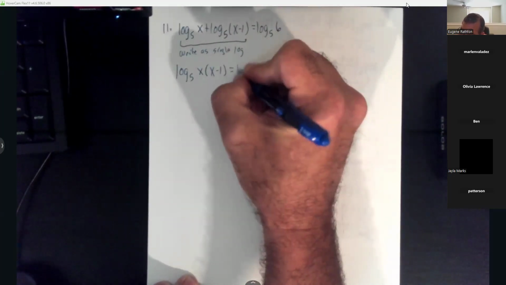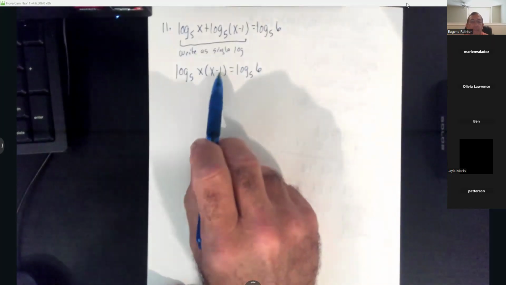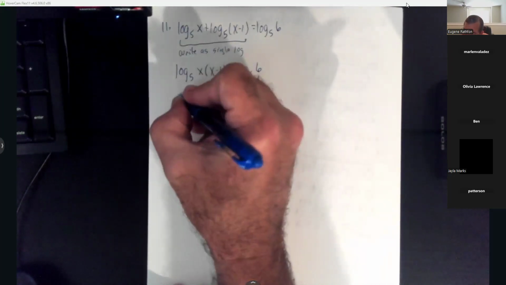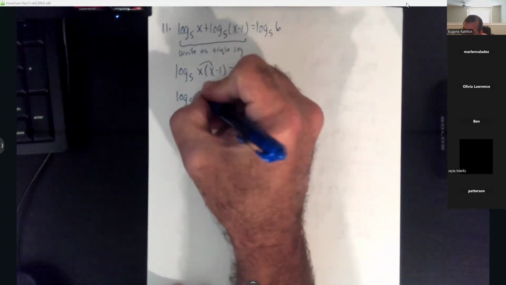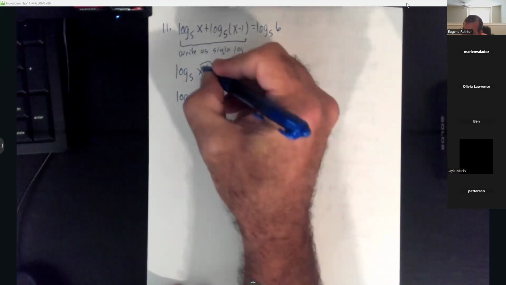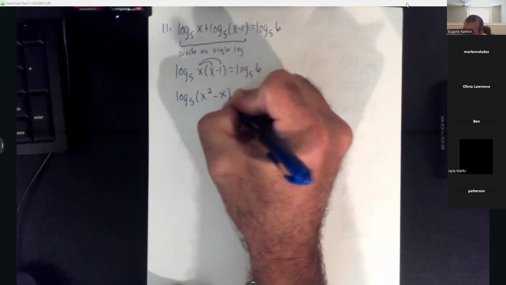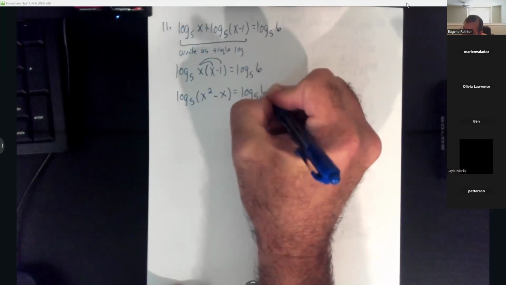All that'll equal log 5 of 6. And y'all, I'm going to go ahead and just multiply this out real quick. So I get log 5 of x times x is x squared, x times negative 1 is negative x, all equal to log 5 of 6.